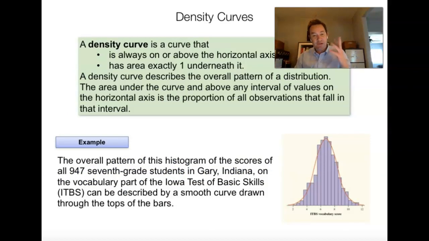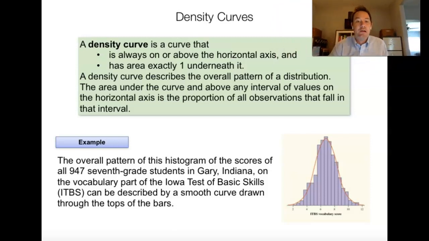So a density curve has these two characteristics that are extremely important. One, it's always on or above the horizontal axis. And two, it has an area of exactly 1 underneath it.